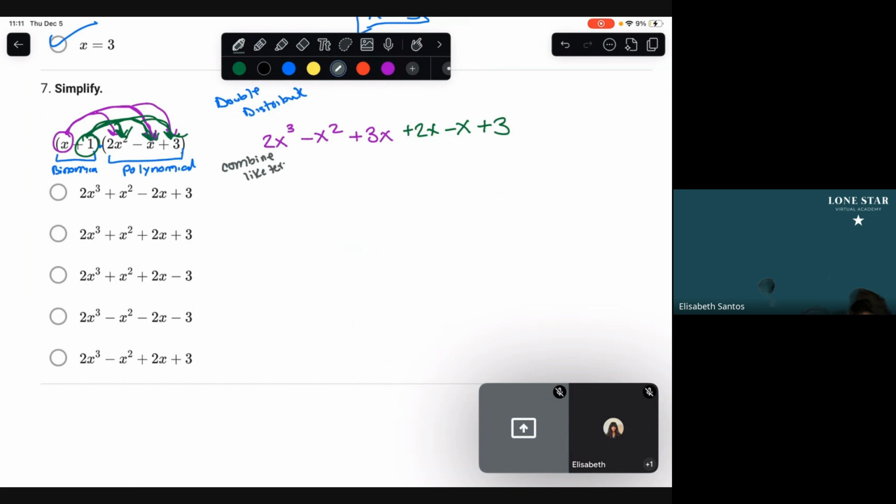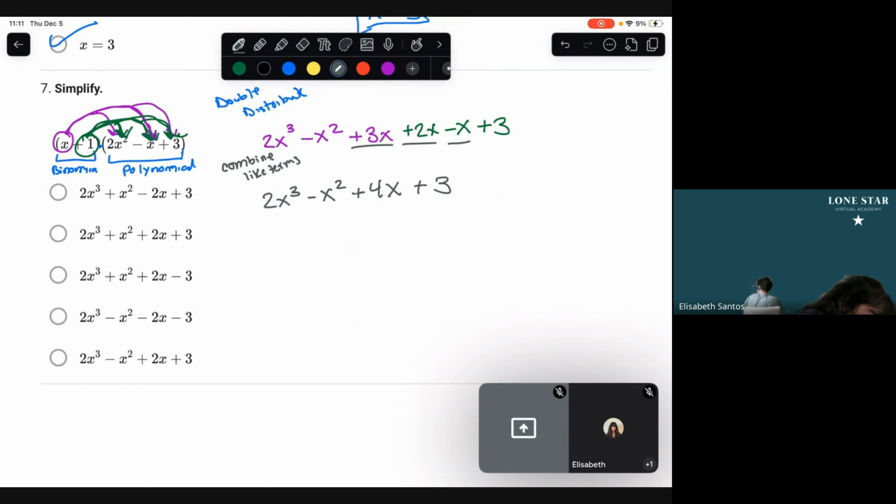So there's only one term that has x cubed. Here we have 3 like terms. 2x minus x is x, plus 3. I think I did something wrong.